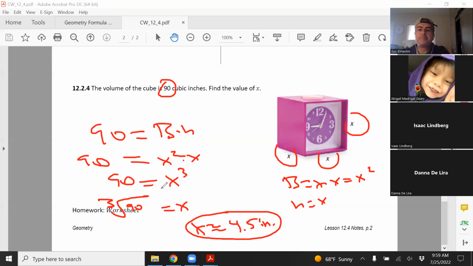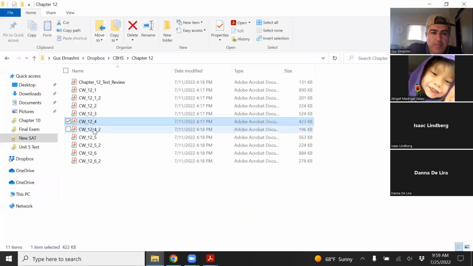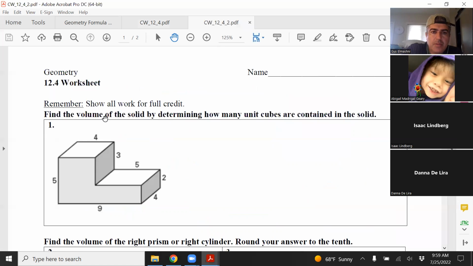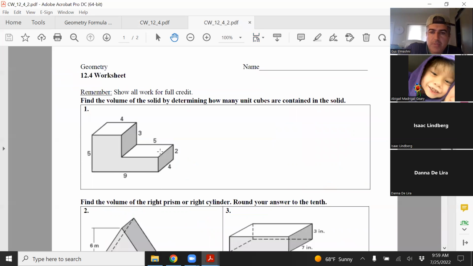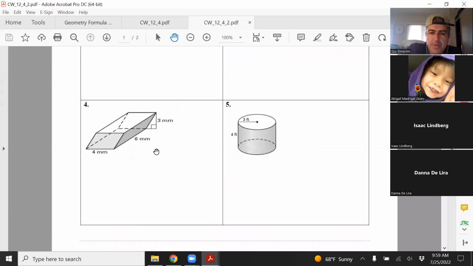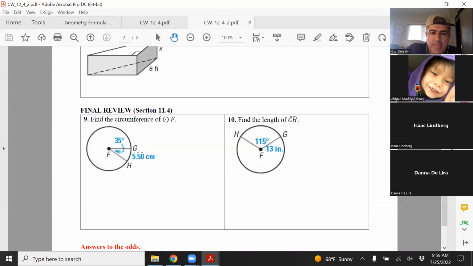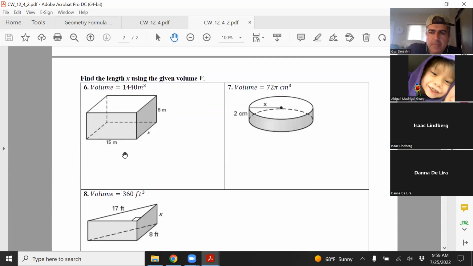So anyway, let's go ahead and clear that. Any questions before we do the worksheet on this? So you'll have this problem to do, which is similar to what we did in the notes. You have volume of prisms here. Here you have the volume, they have to solve for x, and then just some final exam review stuff. So 10 questions.